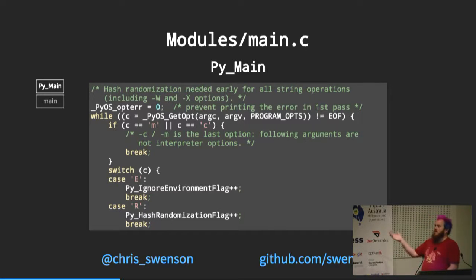And so a tool they used to fix this is called hash randomization. There's a few things here that check for that, and I'll get into a little more detail on that in a second. This is just doing some very simple command line parsing to see if you have hash randomization turned on, because it needs to check that really early on before it starts to use any dictionaries or anything internally.